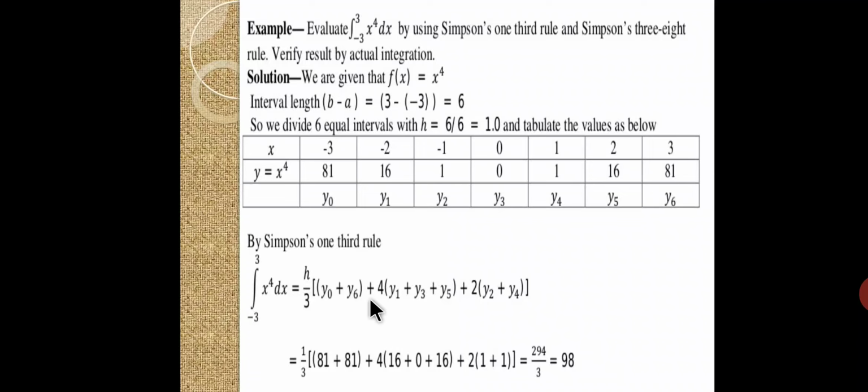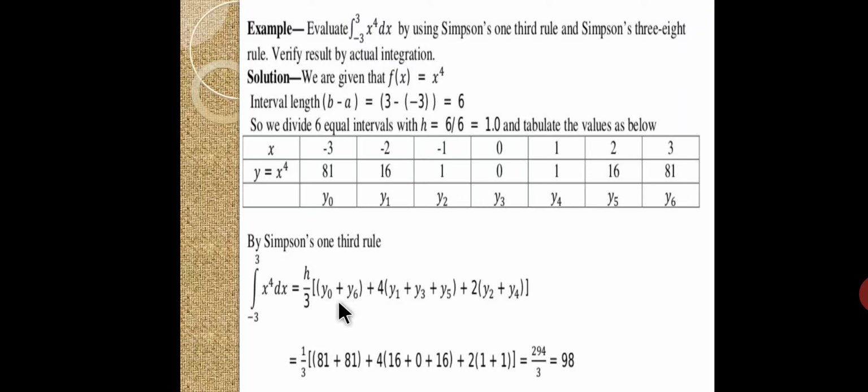The odd ordinates are y1, y3, y5. So 4 into y1 plus y3 plus y5, plus 2 into the remaining even ordinates, y2 plus y4. So the sum of extremes means the sum of first and last ordinates, plus 4 into the sum of odd ordinates, plus 2 into the sum of even ordinates.